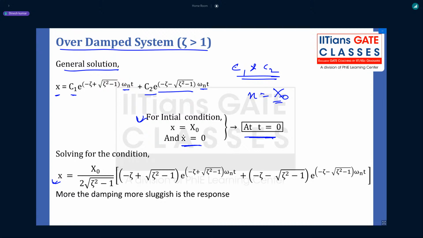Now, if you look, this equation is exponential in nature. So this is the response equation. More the damping, more will be the sluggish motion.